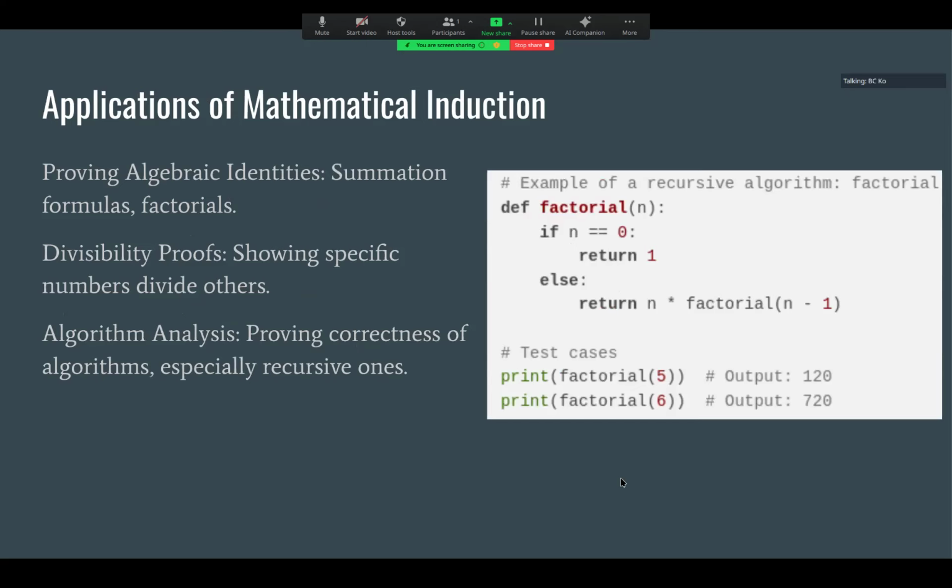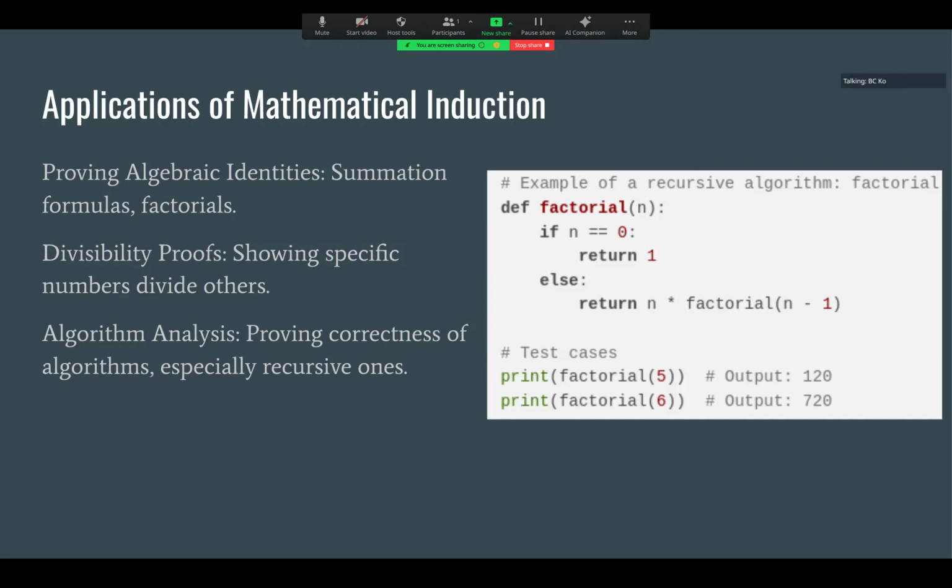Applications of mathematical induction. So mathematical induction has several applications. First, it's widely used in proving algebraic identities, for example, summation formulas and properties of factorials.